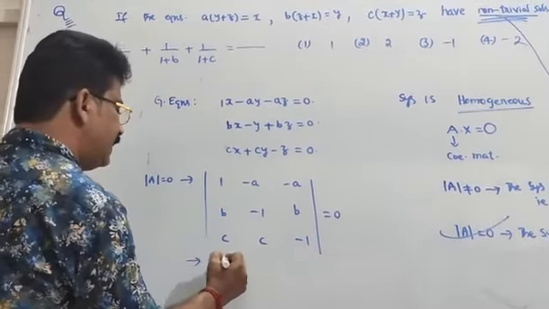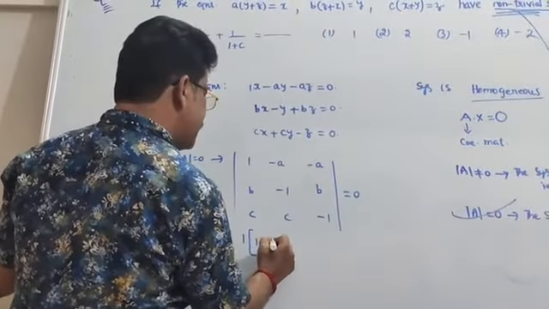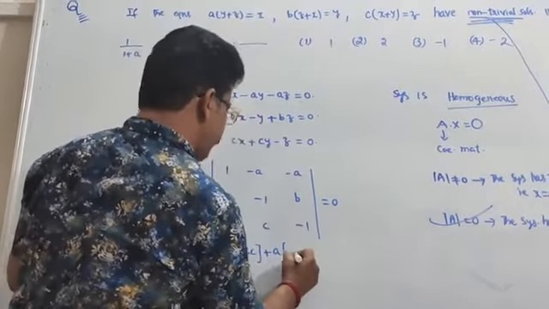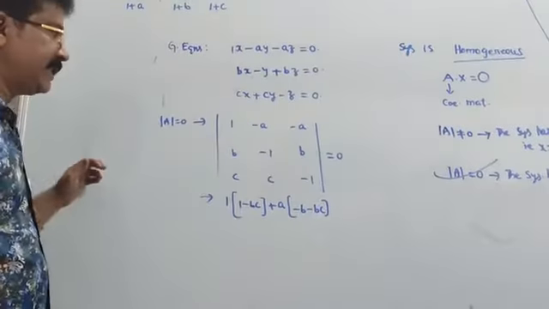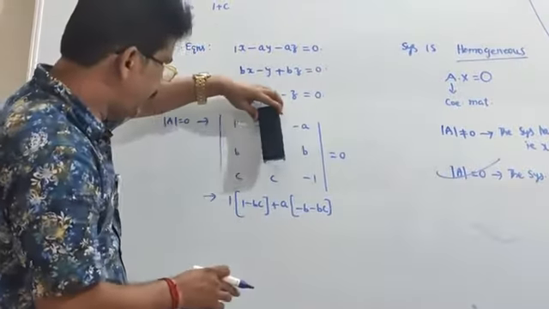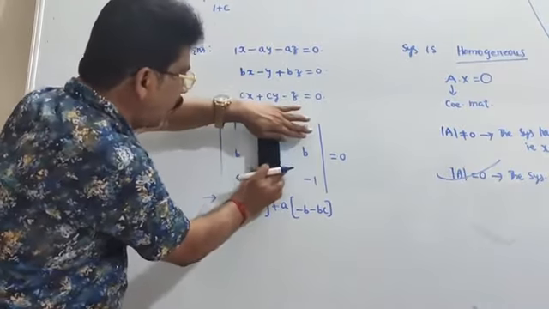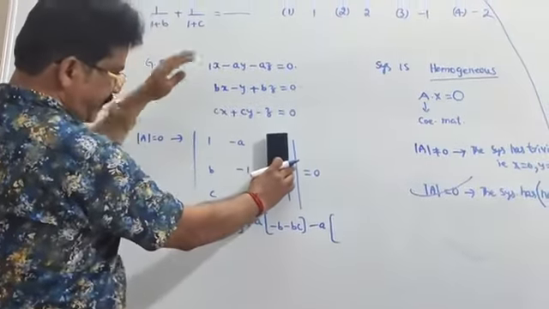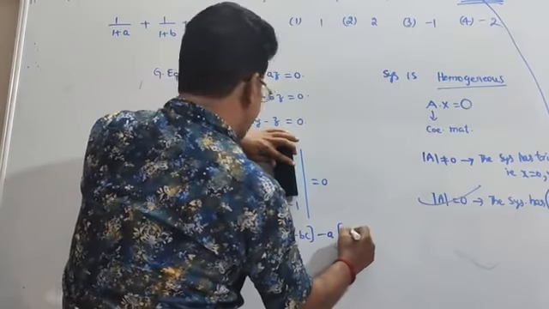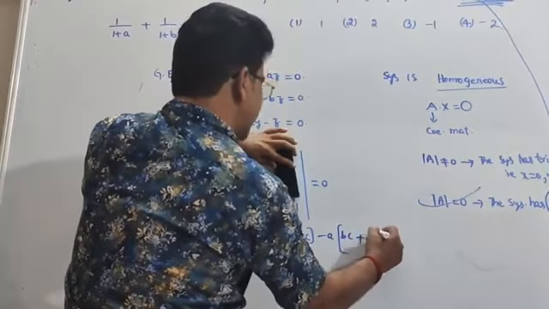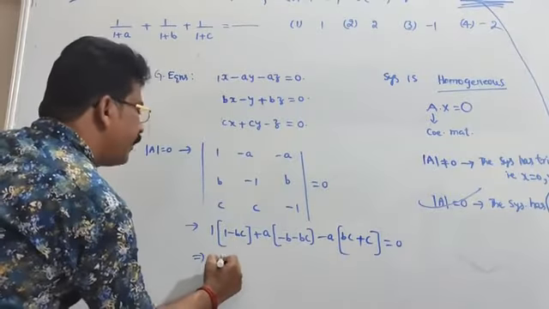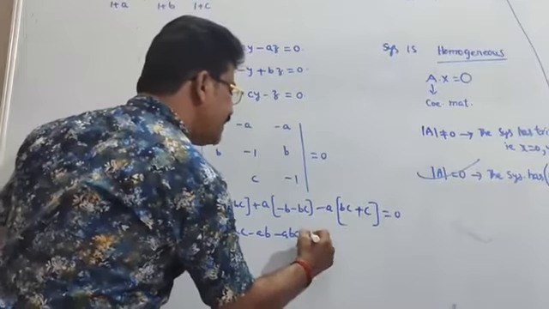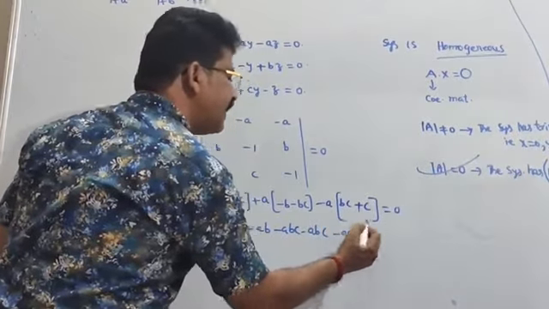That implies 1 into (1 − bc), next plus a into (−b − bc), then minus a into (bc + c), minus into minus plus c into (…). So 1 − bc − ab − abc − ac equals 0.